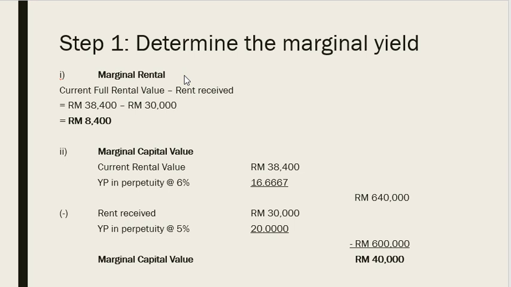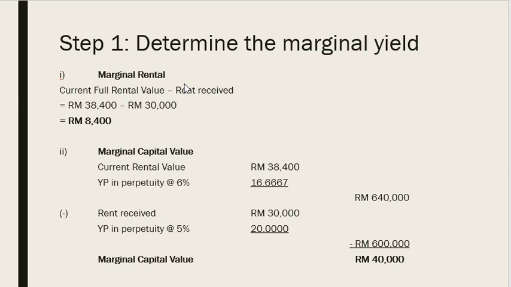Basically, in the hardcore and layer method, there are 2 steps involved. The first step is to determine the marginal yield, and the second step is to use that marginal yield in the valuation. So let's go to the first step. Remember the formula of yield.